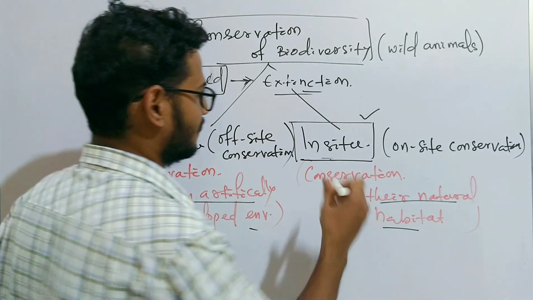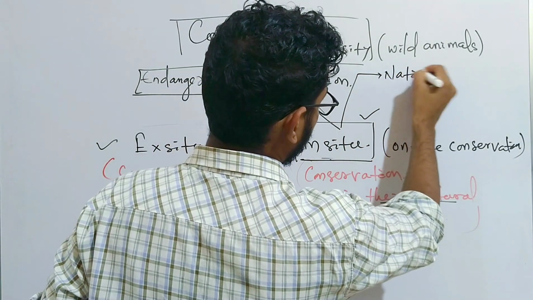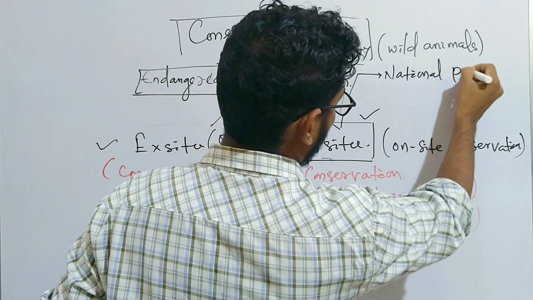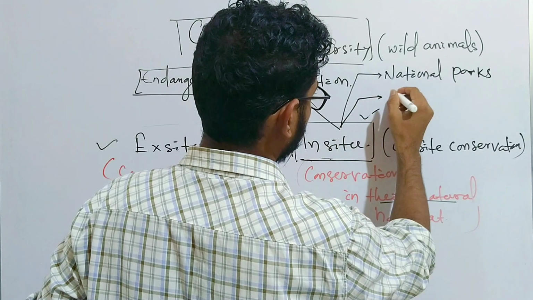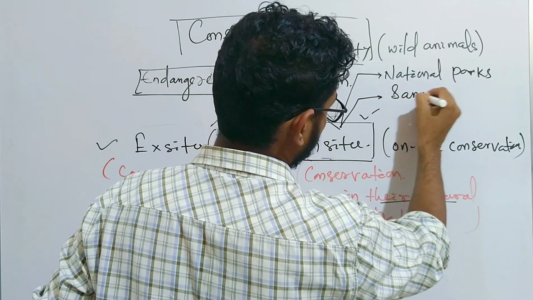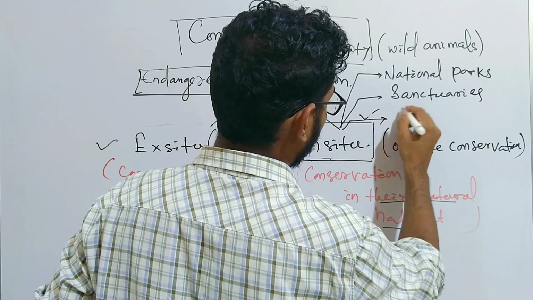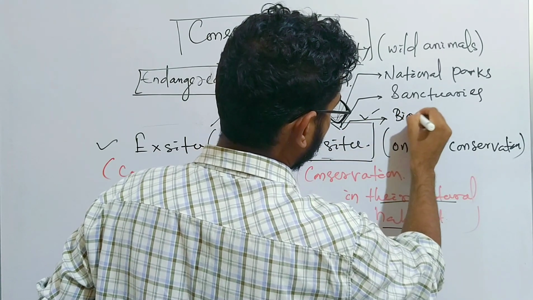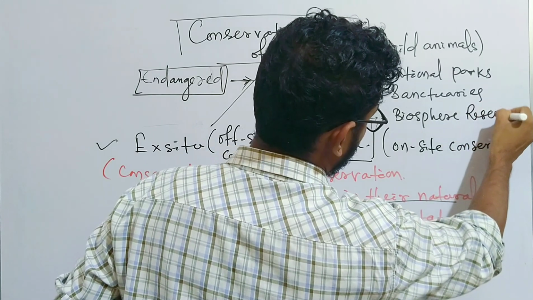Under in-situ conservation, we will discuss first the national parks, second the sanctuaries, and third the biosphere reserves.